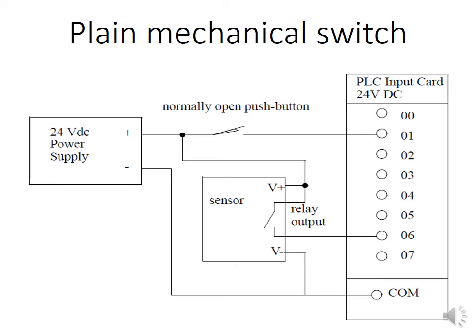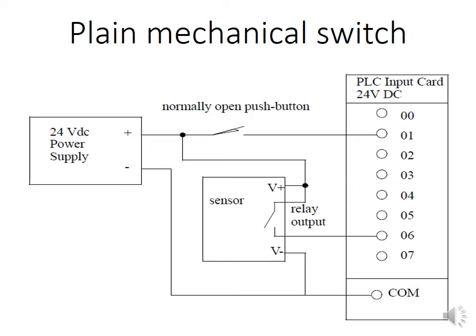The plain mechanical switch connection is used for such sensors as limit switches, ordinary switches, and sensors that have got relay output stages. In our illustration, we have 2 examples of sensors connected using the plain mechanical switch connection.